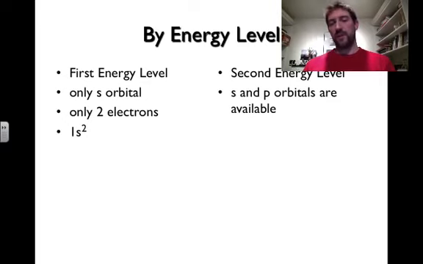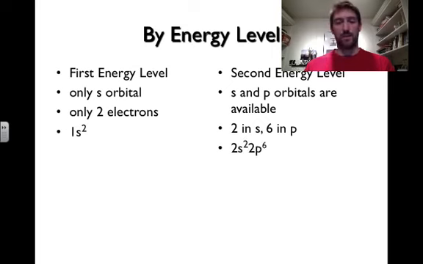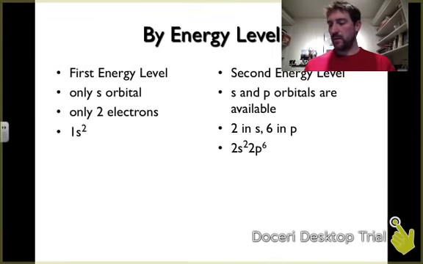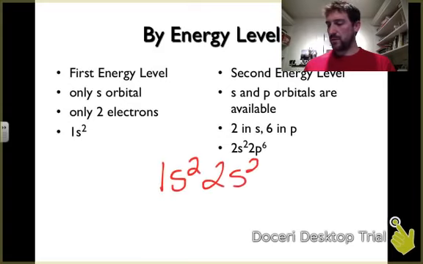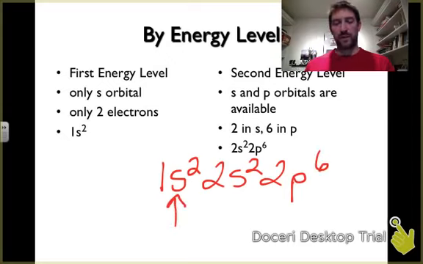The second energy level has both s and p orbitals, 2 in the s and 6 in the p, as we just stated. So if we were going to combine these together, we would have 1s2, 2s2, 2p6.